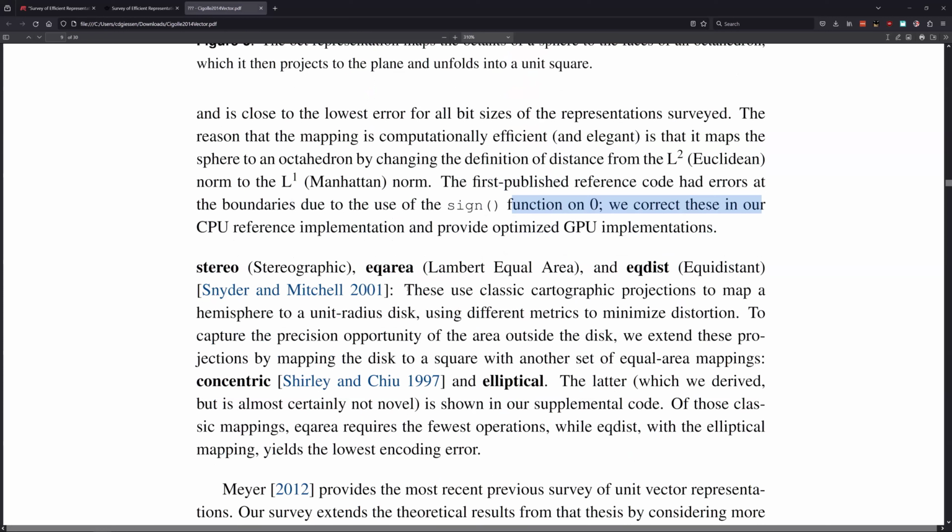Oh, stereographic, equal area and equidistant, some cartographic inspiration for mapping hemisphere to a unit radius disk.